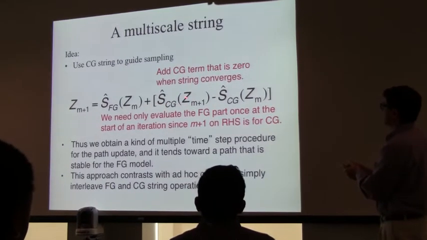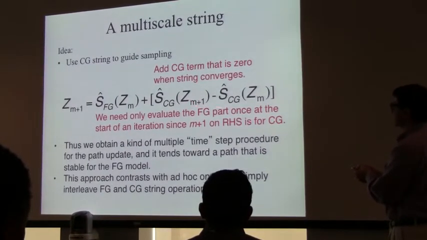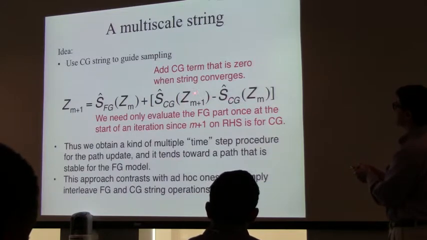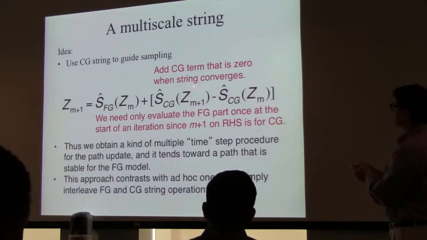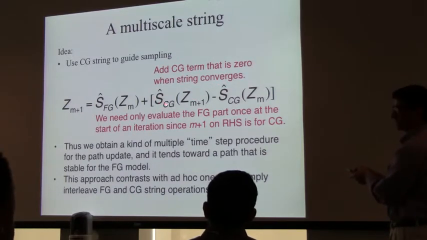I'm going to do one on the m+1 iteration and one on the m. So what does this mean? This means that if I manage to converge, then the path that I get out will be the same as the path that I got in, and these two terms, they'll be the same. So this whole square bracket will cancel out.